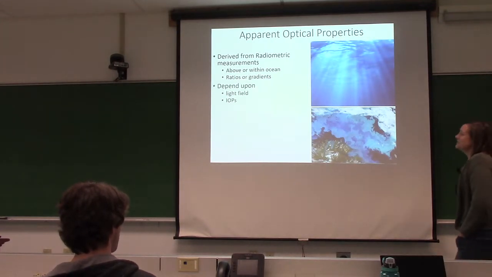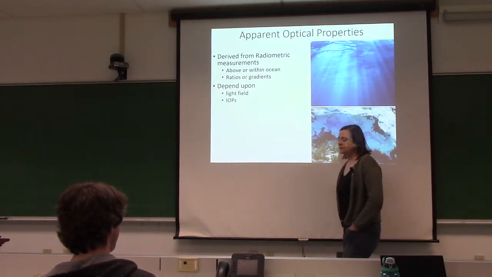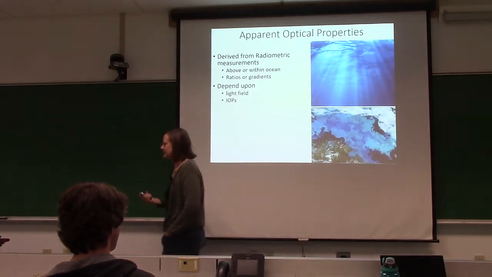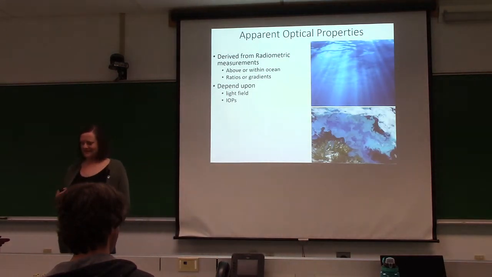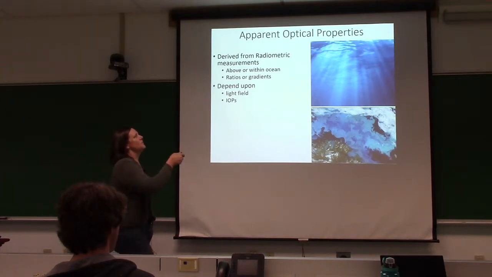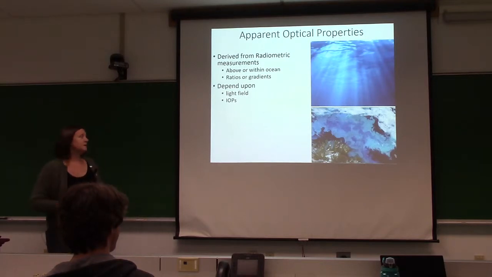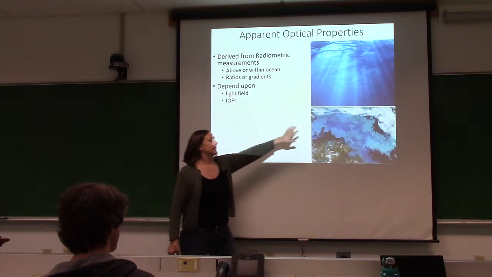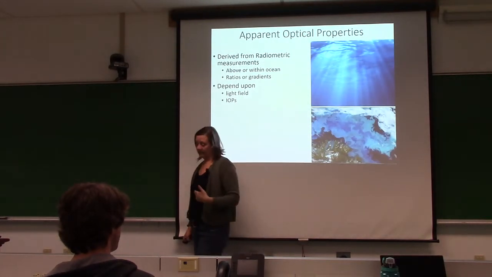So they do depend on the light field. The sun is our source. We are actually measuring how the sun reflects off the surface or is transmitted through the surface. You don't measure them with an independent light source. That's why they are apparent optical properties. But they also depend on the IOPs. The reflectance and the attenuation properties depend on what's in the water.